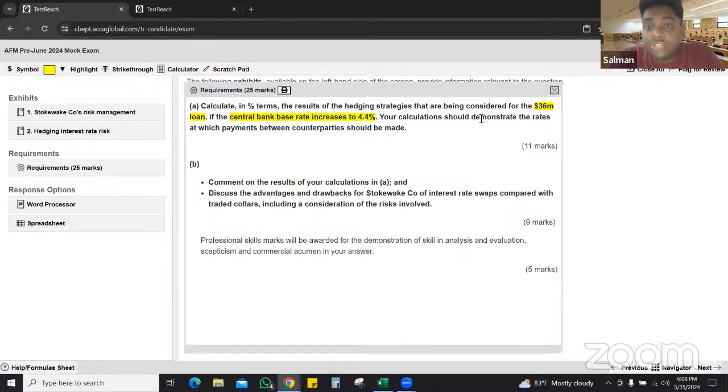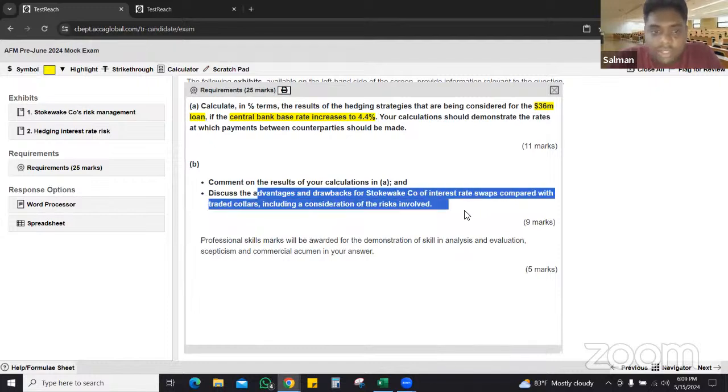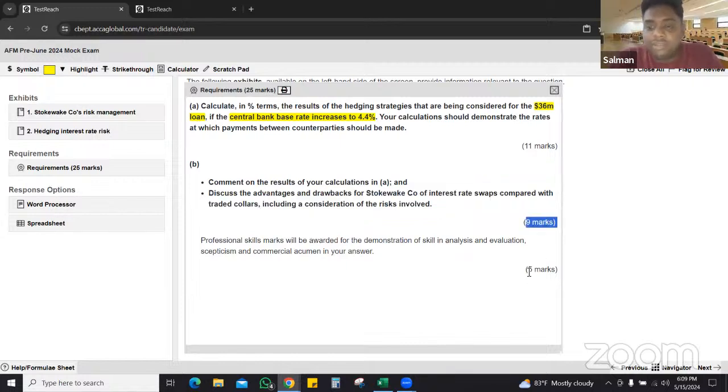Your calculation should demonstrate the rates at which payments between counterparties should be made. Total of 11 marks for computations. Part B, comment on the results of the calculation in A and discuss the advantages and drawbacks of Stockwave Company using interest rate swaps compared to traded collars, including a consideration of the risks involved. 9 marks theory. And the remaining 5 marks is for displaying your skills in analysis, writing, and reporting.